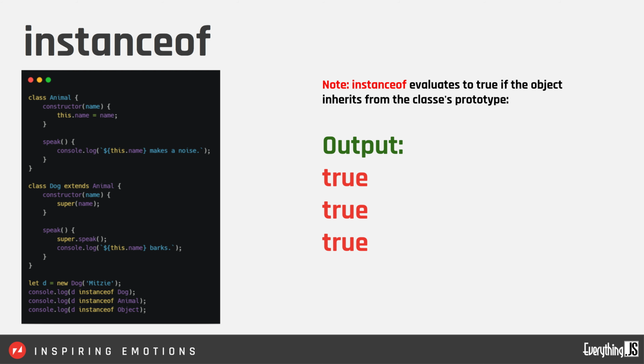You can clearly see this if you try to extend the animal class's speak method with the prototype and call the dog class instance's speak method; you will see that it is not being overridden. There are a whole lot of things you can try out, but be careful when you are using super, because it doesn't work the way you expect.